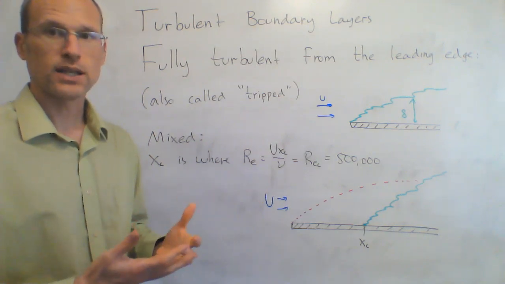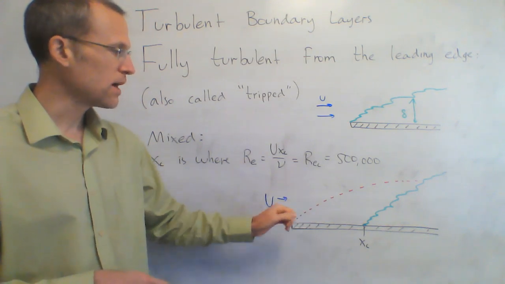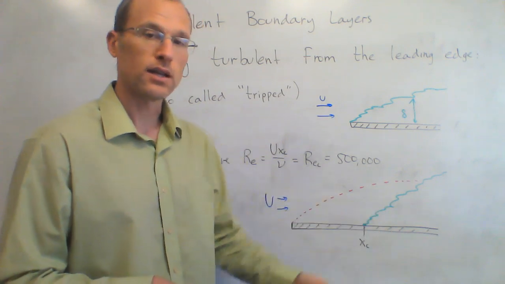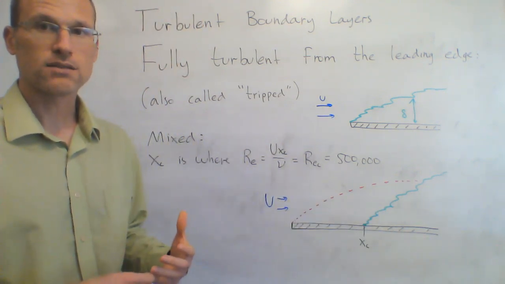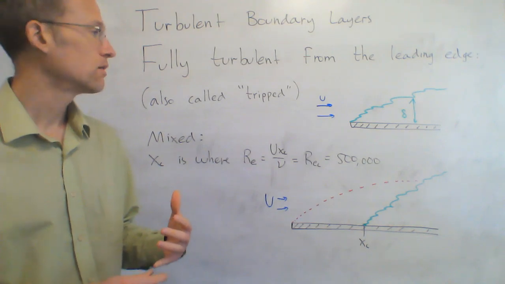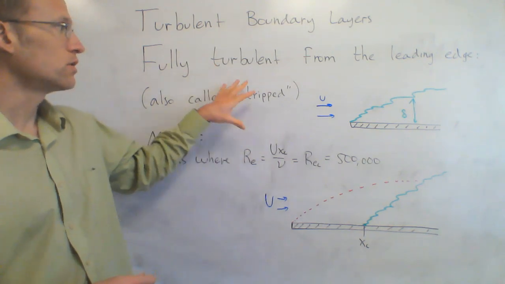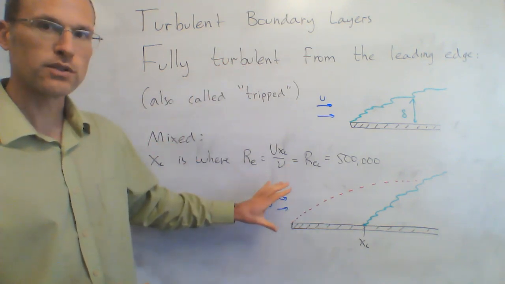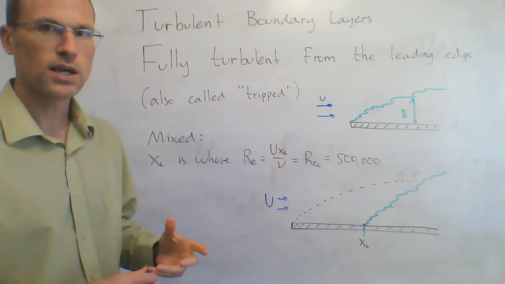However, again, normally in nature, what happens is you start off with this laminar boundary layer, and then at some point where the Reynolds number is roughly 500,000, you get this turbulent boundary layer show up like we had before. And so generally, unless the question says that the boundary layer is fully turbulent from the leading edge or tripped, unless one of those two statements shows up, you have to assume that we have this situation, and so this situation needs a few new equations.